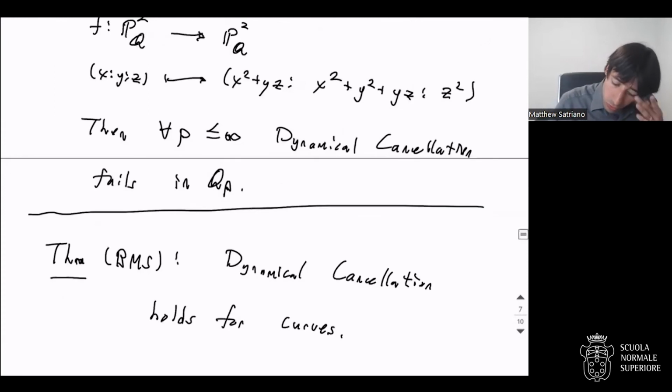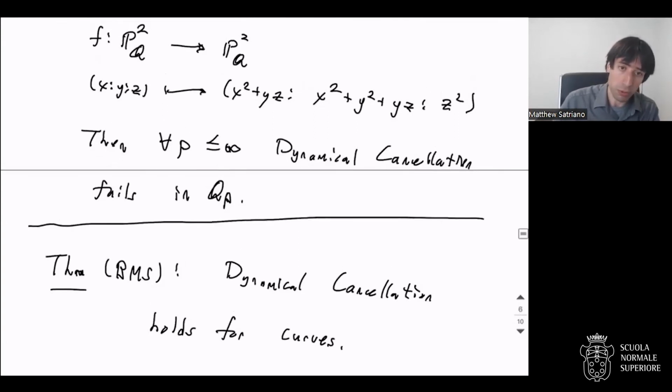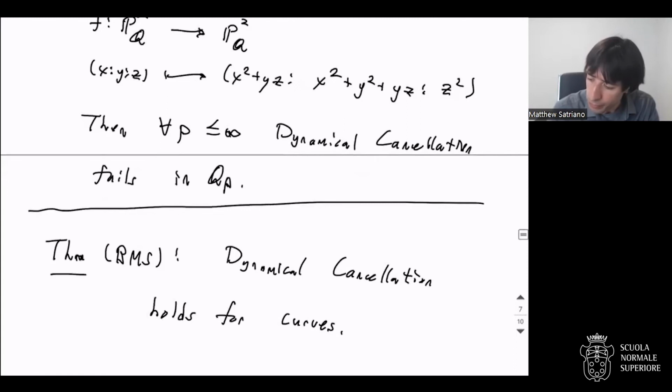And one of the things about this is that even though it's stated as dynamical cancellation for curves, it's secretly a statement about surfaces, right? And I think that's part of the complexity here: if you try to prove dynamical cancellation for surfaces, you're secretly proving a statement for fourfolds, right? You're considering the preimages conjecture for fourfolds, a special case, of course.